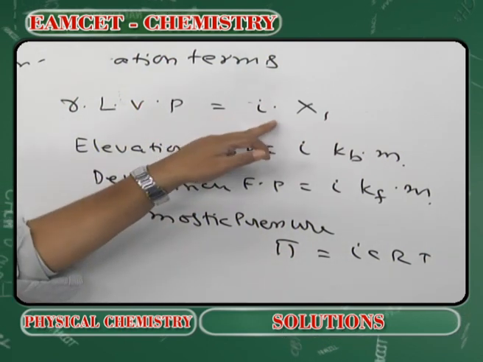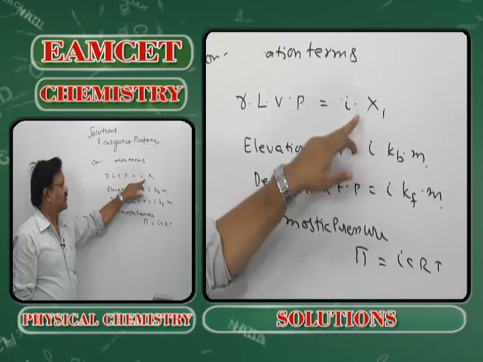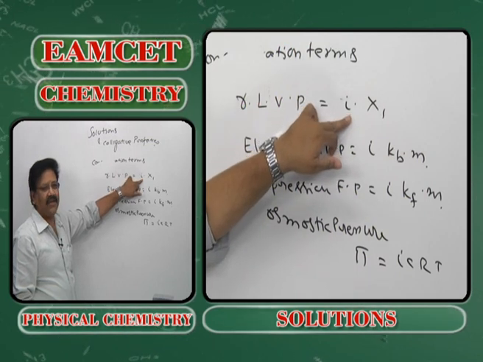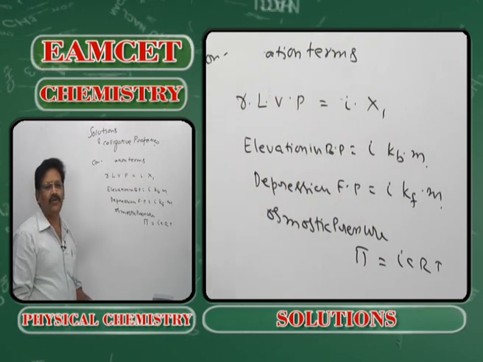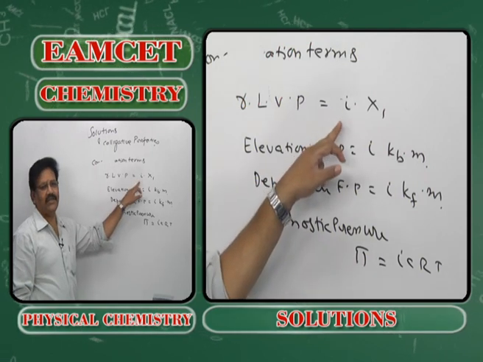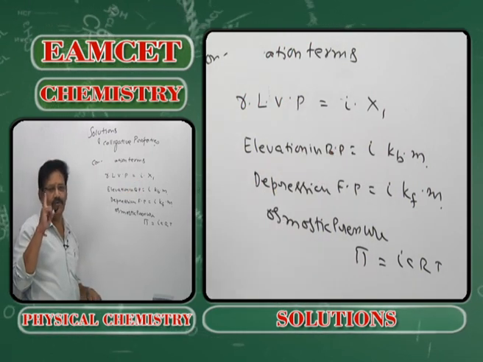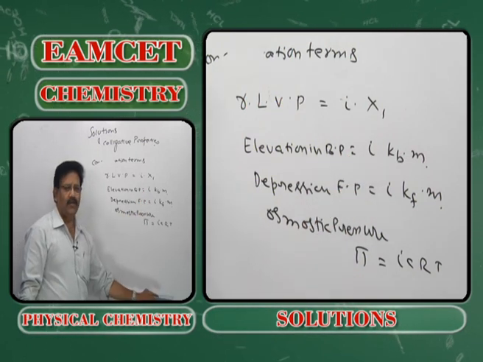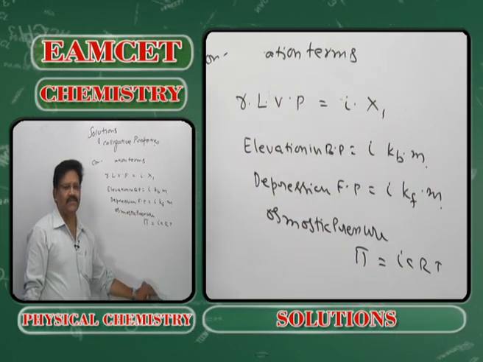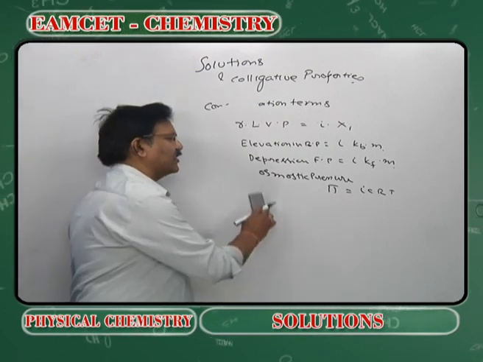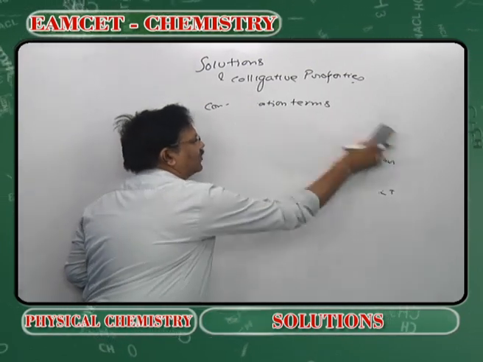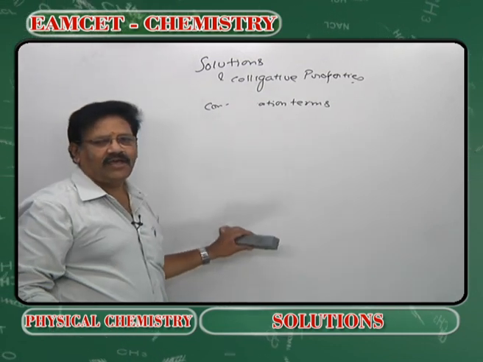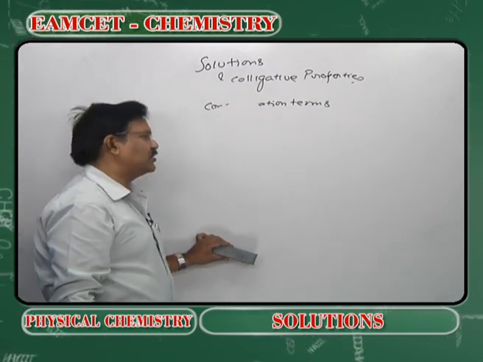What is meant by i? Van't Hoff's factor. So the value of Van't Hoff's factor becomes significant only in case of the electrolytes. For non-electrolytes, Van't Hoff's factor will be equal to 1. Now we will discuss what is meant by Van't Hoff's factor and what is the relation between the Van't Hoff's factor and the degree of dissociation.